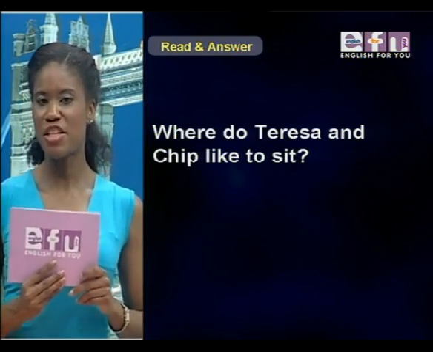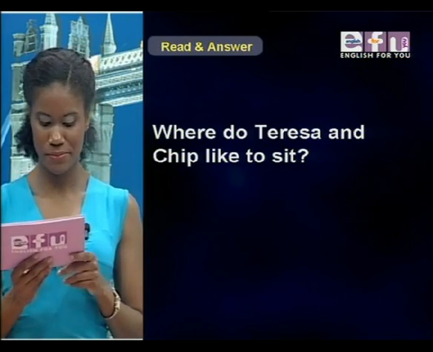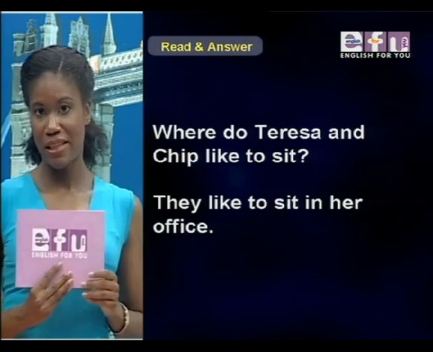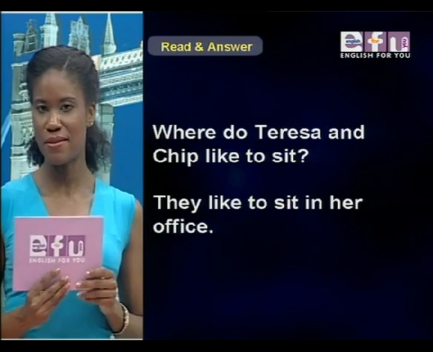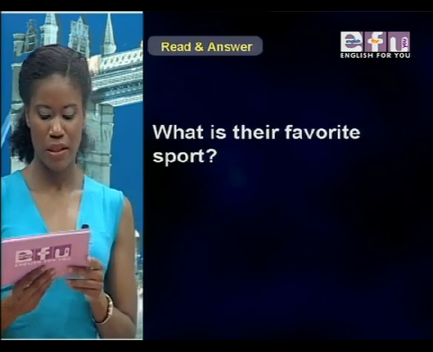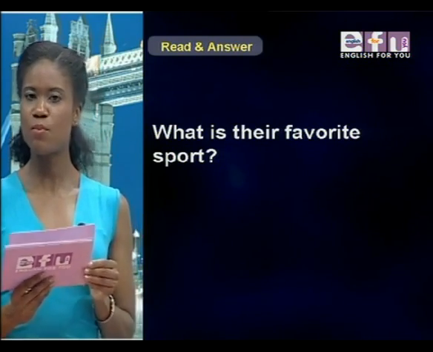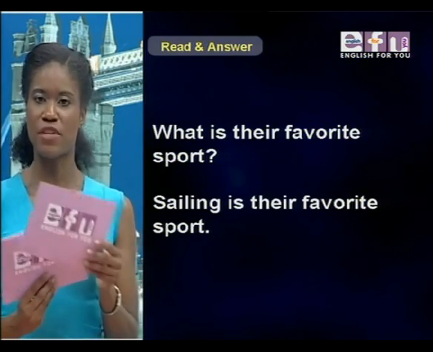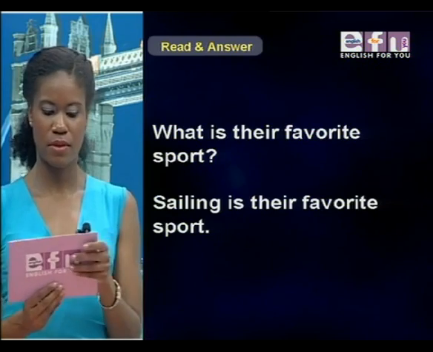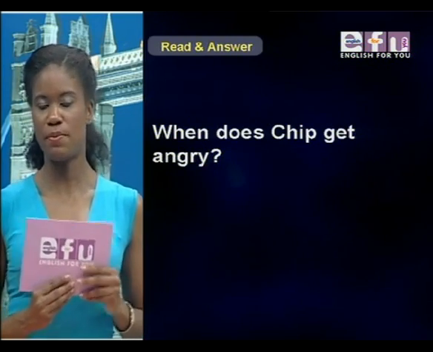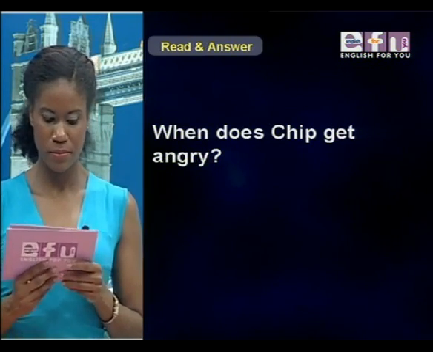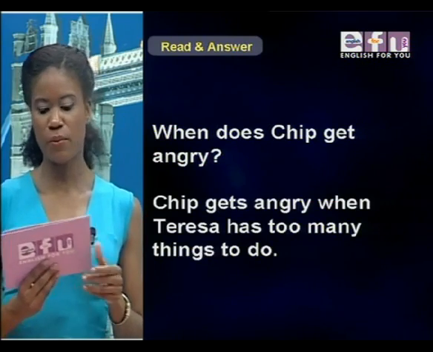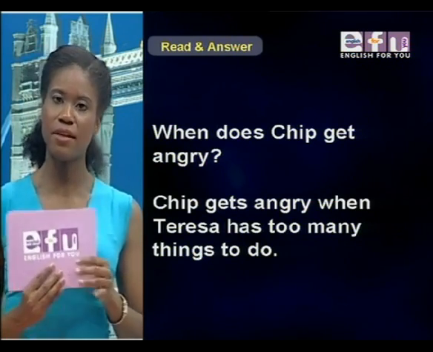Where do Teresa and Chip like to sit? They like to sit in her office. What is their favorite sport? Sailing is their favorite sport. When does Chip get angry? Chip gets angry when Teresa has too many things to do.